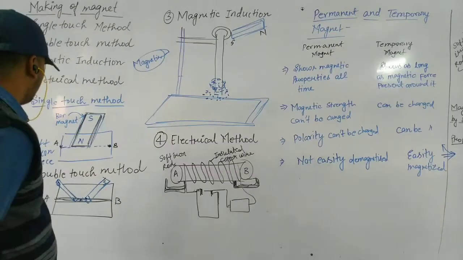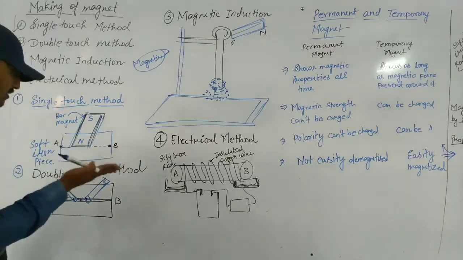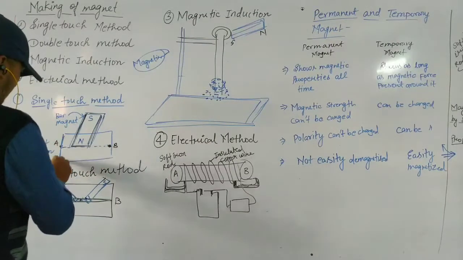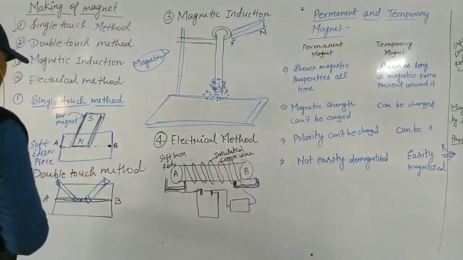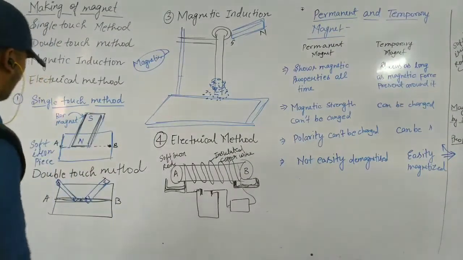In this single touch method, first of all we will take one soft iron bar, or we can say soft iron piece, and one bar magnet which has two poles, south and north.